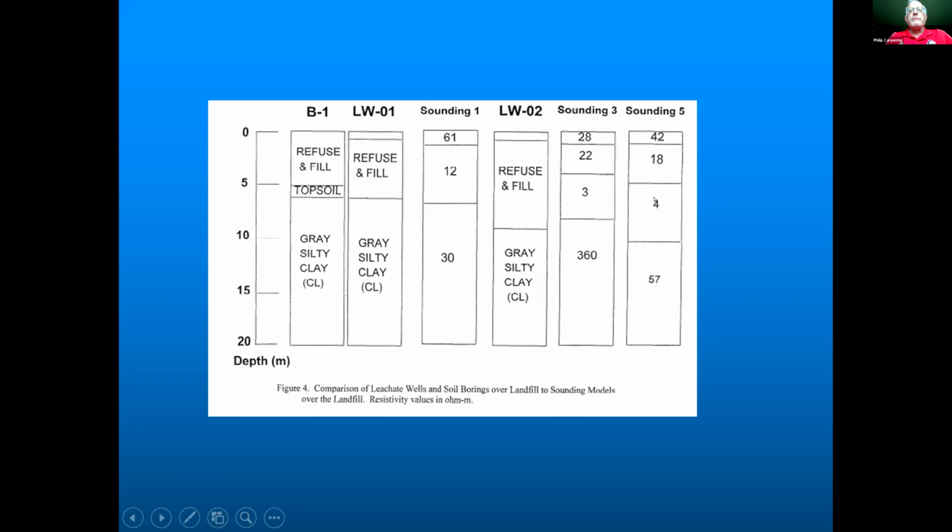When you get to the leachate saturated materials, you get really, really low resistivities, like 3 and 4 ohm meters. That's definitely telling you you've got leachate. Leachate is salty, basically briny water, with a lot of dissolved solids.